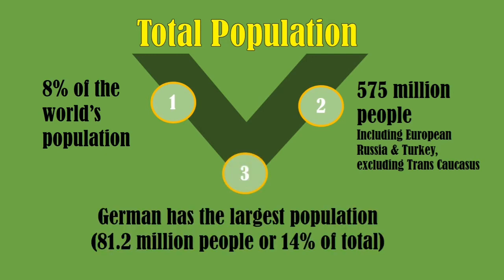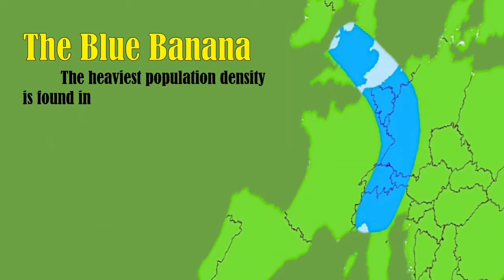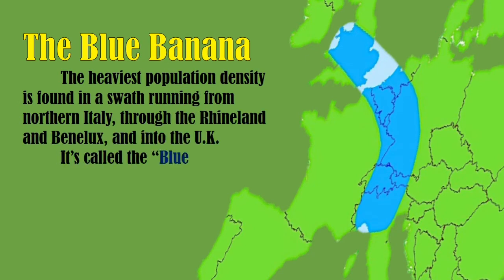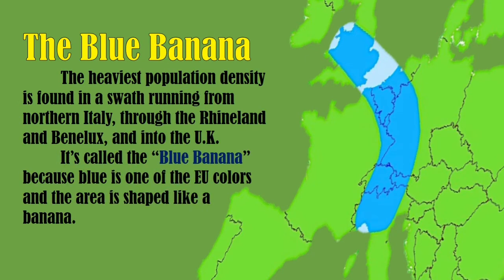Germany has the largest population, around 81.2 million people, or 14% of the total population of Europe. They have in Europe what they call the blue banana. It has the heaviest population density.